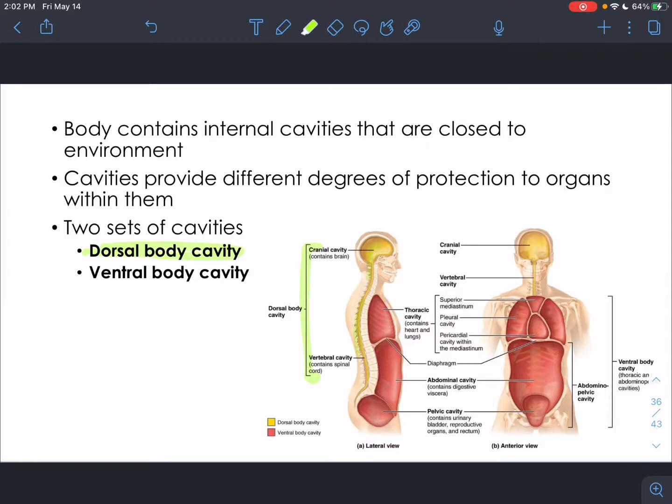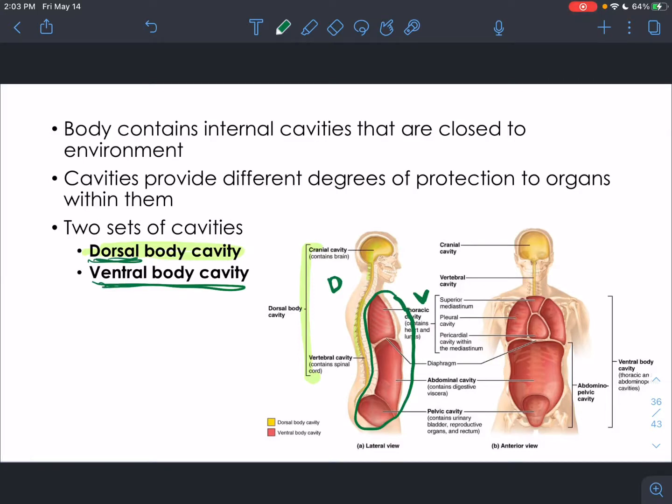Your ventral body cavity is what's in red in the image, so all of this in there. Remember, ventral is the same thing as anterior, which means towards the front. Dorsal is the same thing as posterior, which means towards the back. So if you know these directional terms, dorsal and ventral, it tells you where in the body they're at.